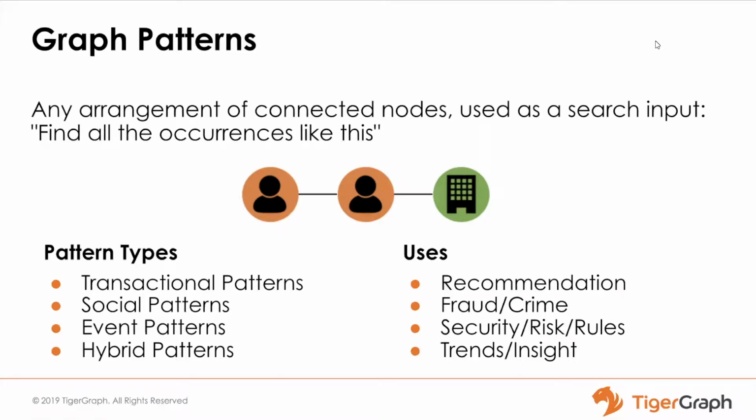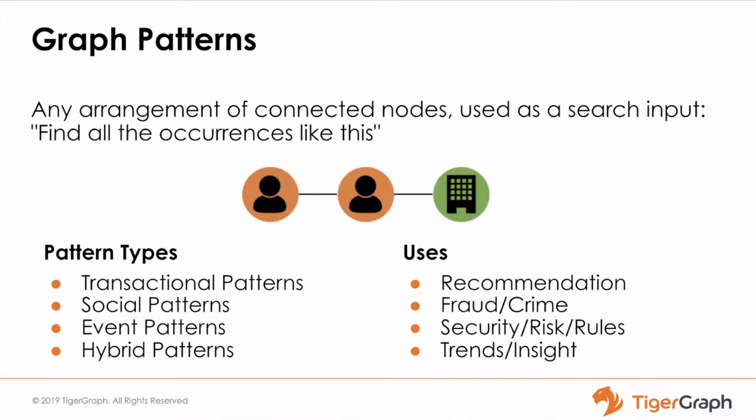So you might be looking at who accesses files, who logs in, things like that. Of course, then the power comes in when you mix this type of data. Having complex graphs that merge data from multiple sources and represent different domains of knowledge, this is where you get the richness and power of what graph can do. So these hybrid patterns are really exciting.